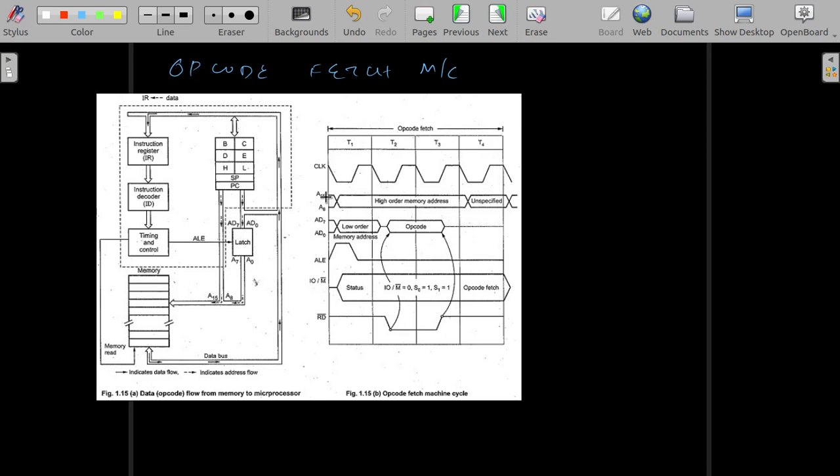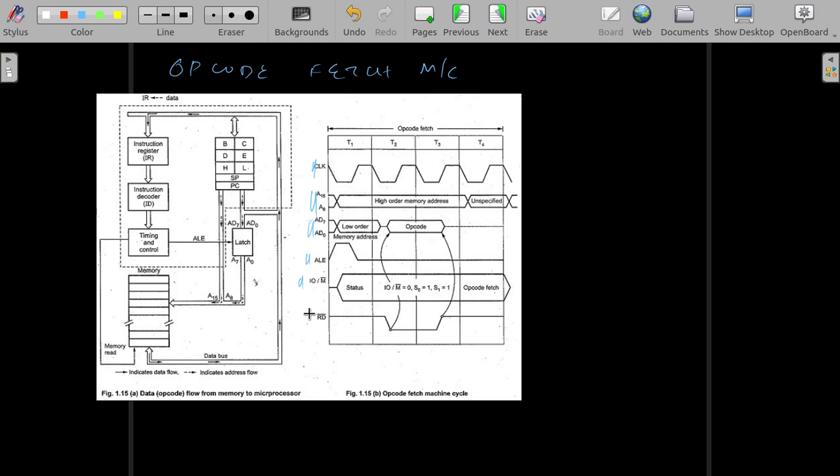Then we have the higher upper address bus, then the multiplexed address and data bus, ALE, and the status pins: IO bar M bar, S0 and S1.